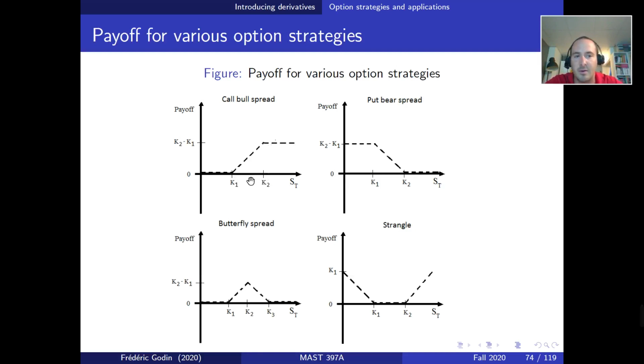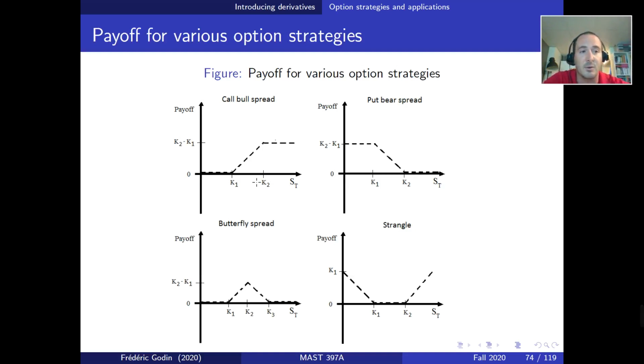If the underlying asset is between K1 and K2, your payoff is an increasing function.